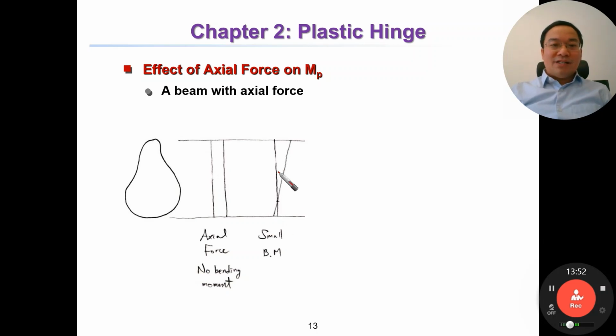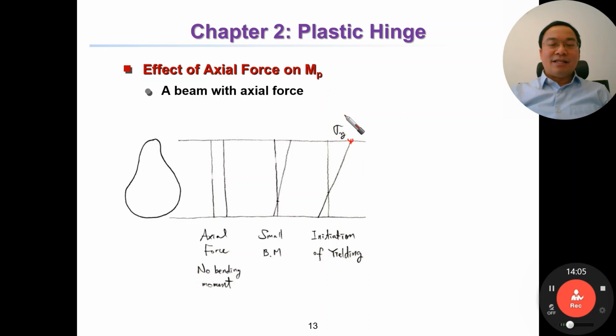If the moment is increased, what happens? Then the initial yielding, or the elastic limit, will occur at sigma y.